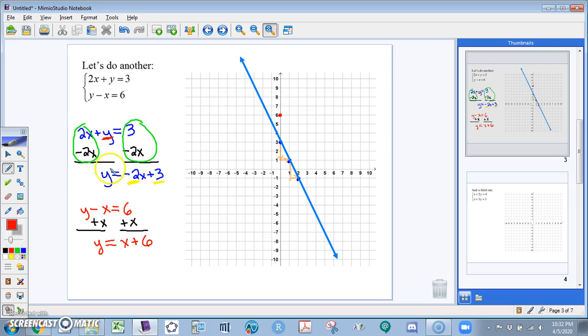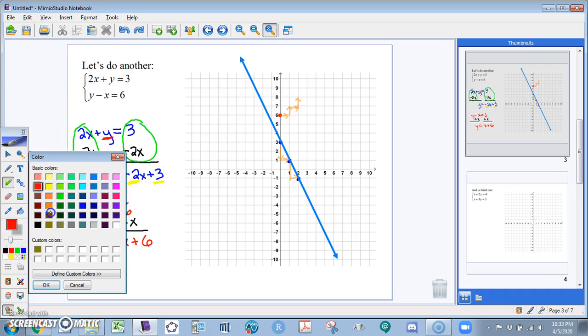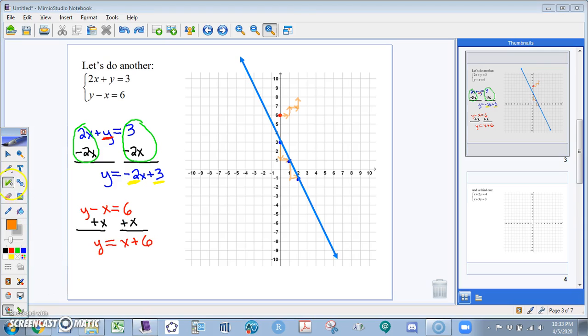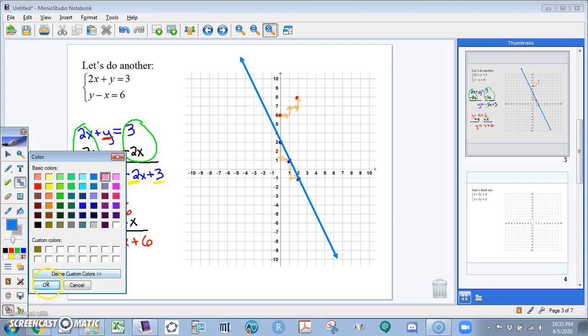Here is the y-intercept at 6, and then a slope of 1 means go over 1 and up 1, over 1 and up 1. Basically what we've seen already in the previous example. Oh, I keep messing up my colors there. Thank you for your patience so that I don't have to go and redo this video constantly. All right, and then I'm going to graph the equation.